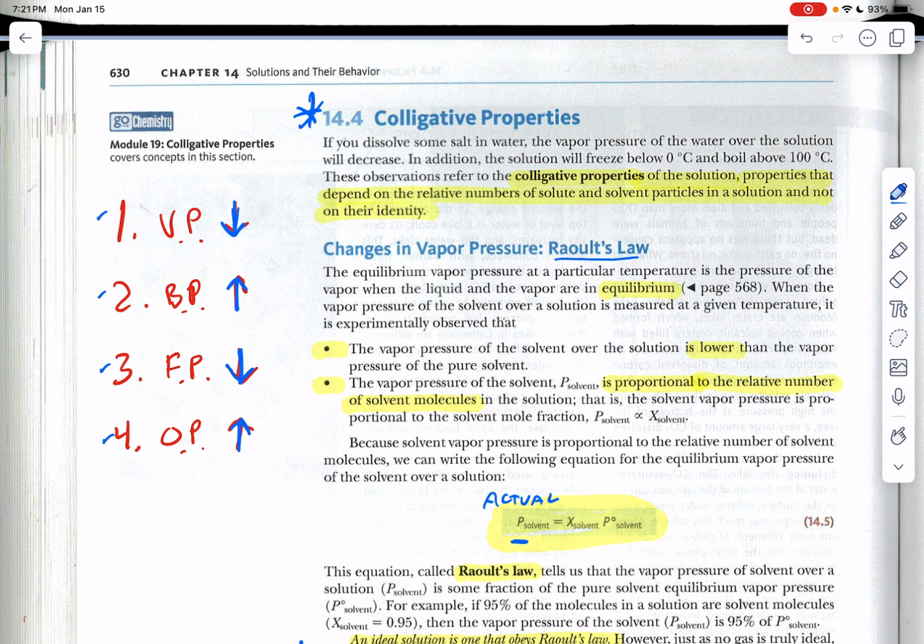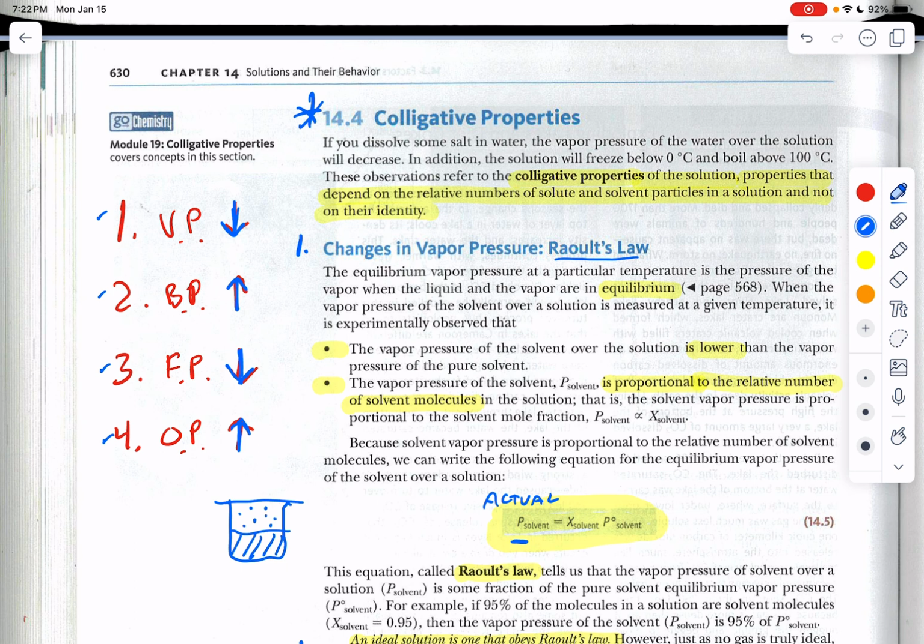So let's start with changes in vapor pressure. Raoult's law. And the idea here is if I have a beaker, I've drawn these before, and I got a lid on it and it's got some liquid in here. Before I put any solute in there, I'm going to go back to blue.